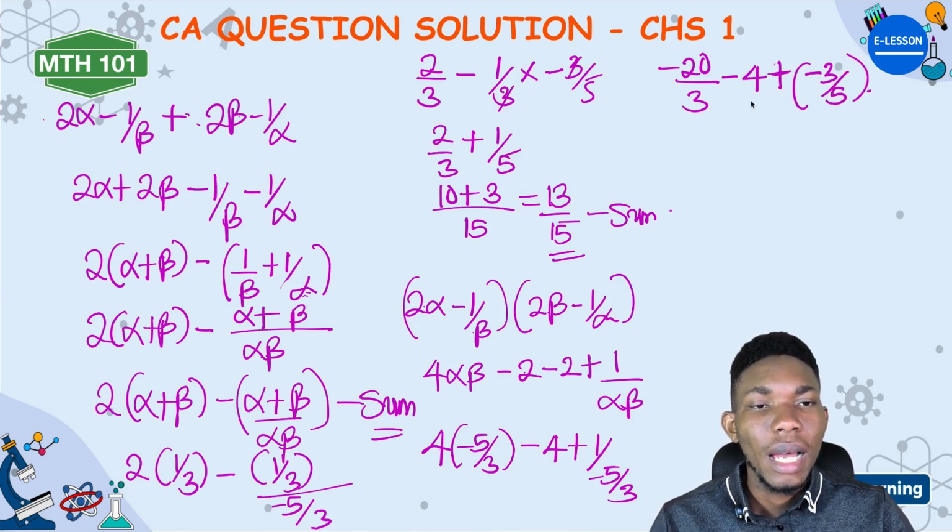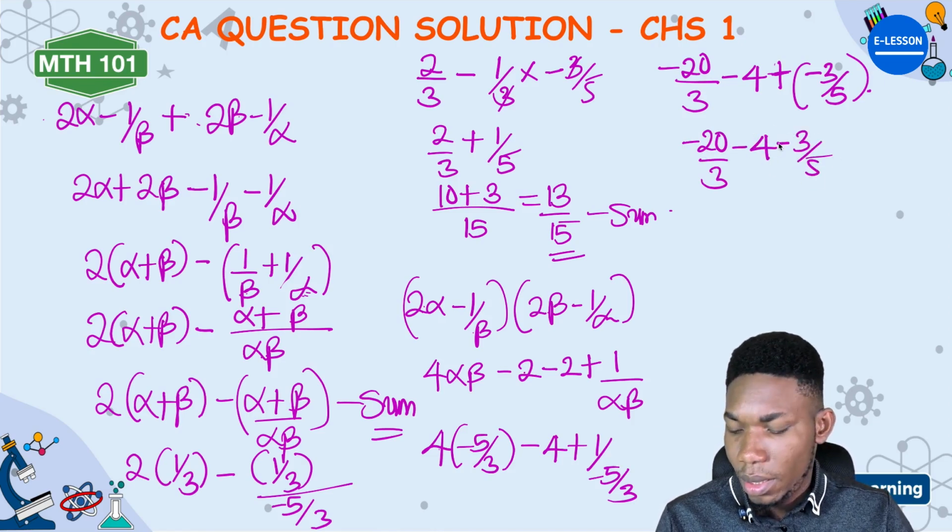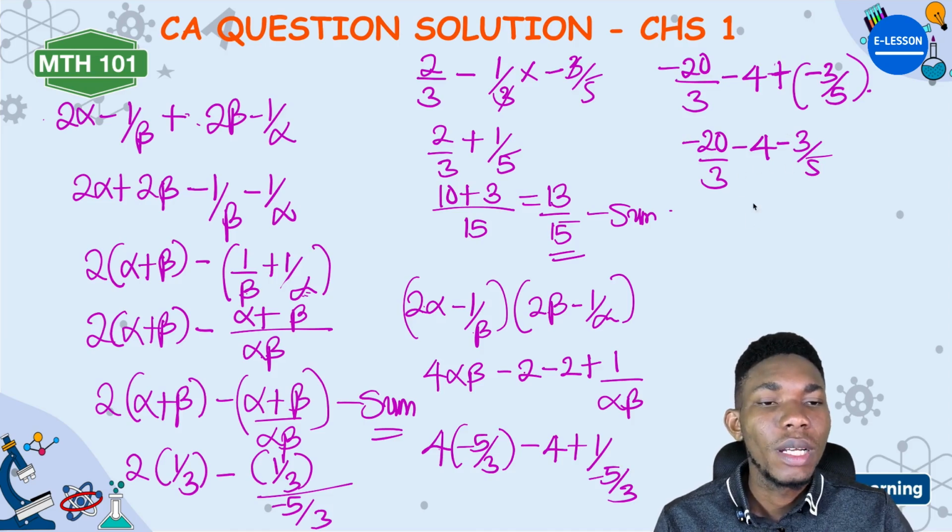All right? And then at the end of the day, this will give us minus 20 over 3 minus 4 minus 3 over 5. Is that okay? What is the LCM of 3 and 5? Of course, it's 15. So we'll have 15.